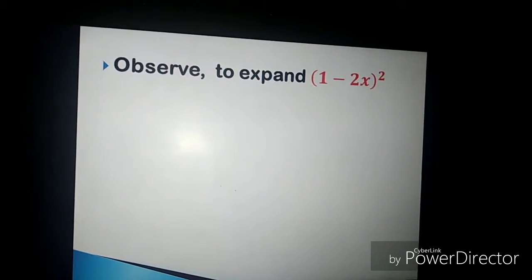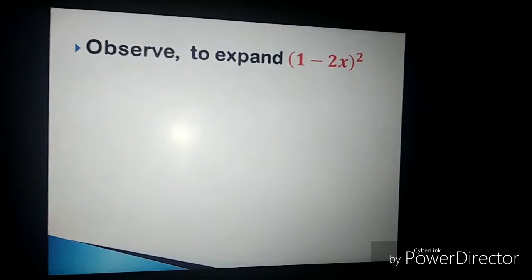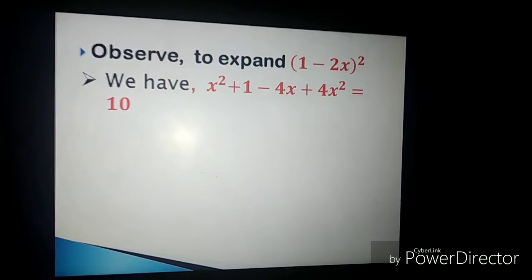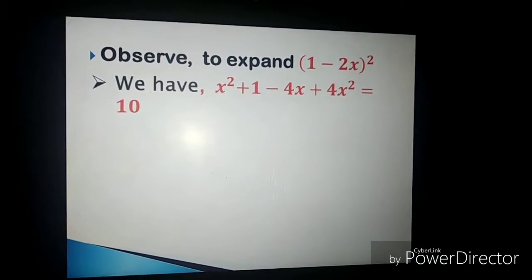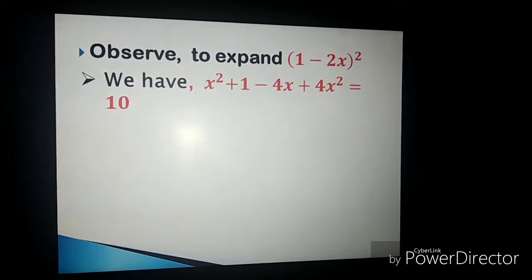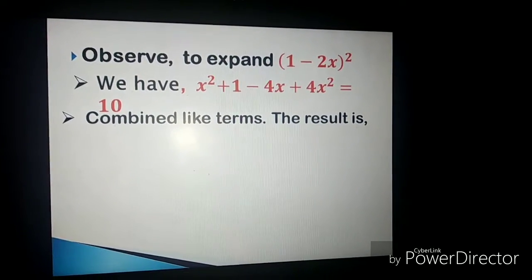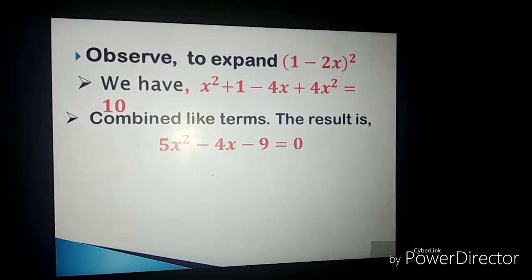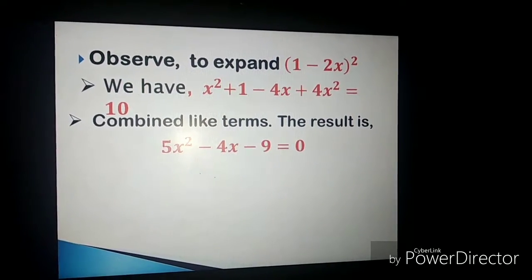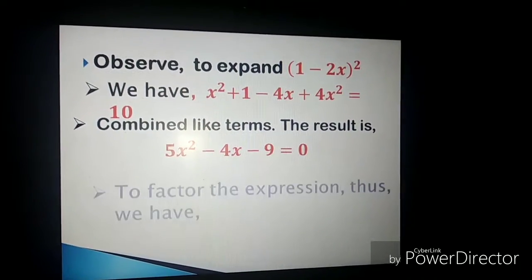Observe, we can expand 1 minus 2x squared. So we now have x squared plus 1 minus 4x plus 4x squared is equal to 10. Combine the like terms, so the result is 5x squared minus 4x minus 9 is equal to 0.